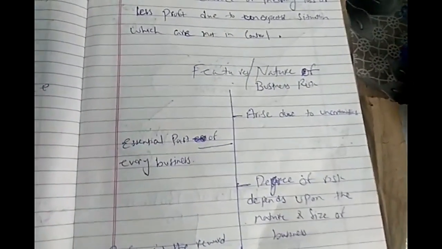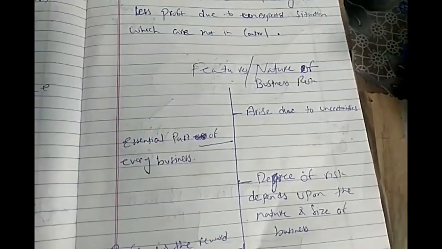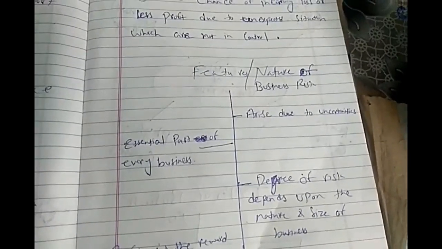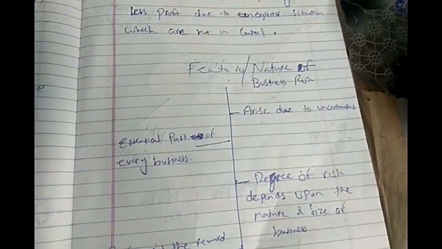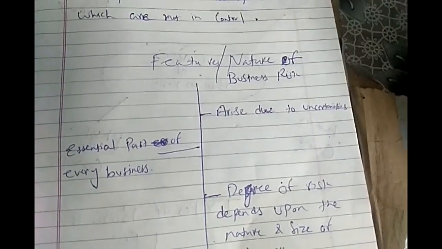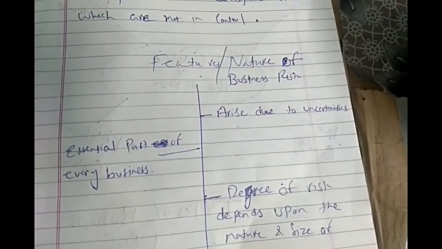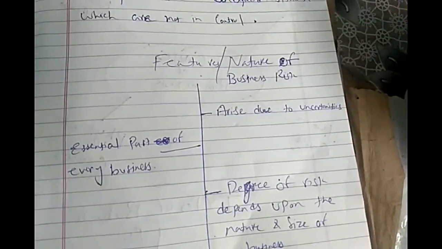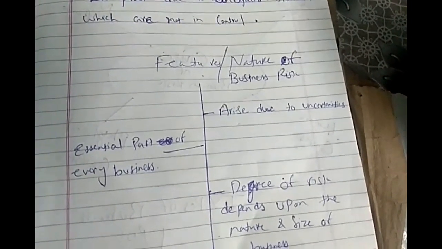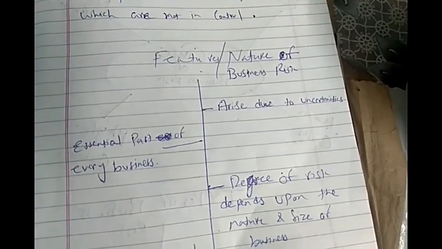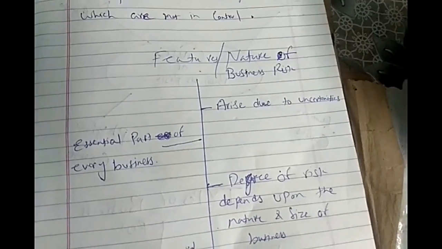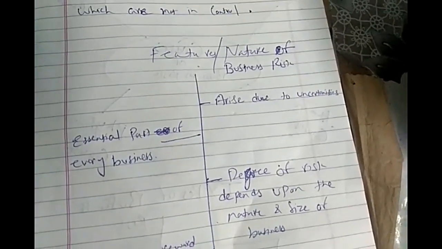Now I am going to discuss the features, or we can say the nature, of business risk. First feature: business risk arises due to uncertainty. Uncertainty means when we are not sure what will happen in the future.